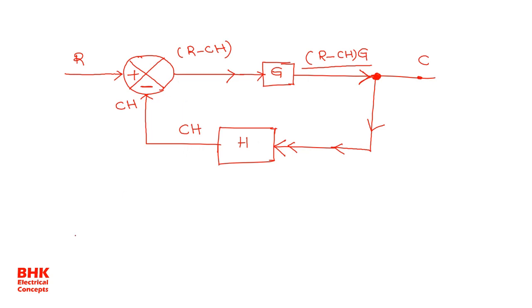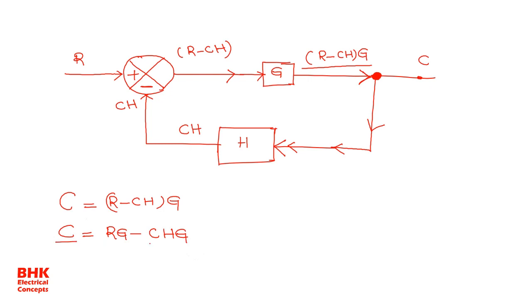So output C is equal to (R minus CH) into G. Now C is equal to R into G, which gives RG, minus CH into G, which gives C into H into G.